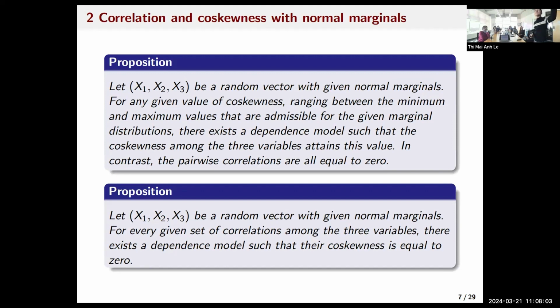In contrast, the pairwise correlations are all equal to 0. The second is, for every given set of correlations among the three variables, there exists a dependence model such that their coskewness is equal to 0. But we can get any correlations, if admissible.